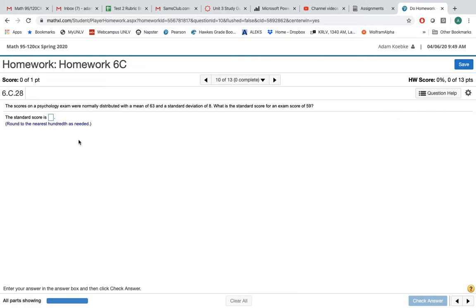We said that the mean, or x bar, is 63, and that the standard deviation is 8. They want to know what is the z-score, and they gave us an observation that was 59.